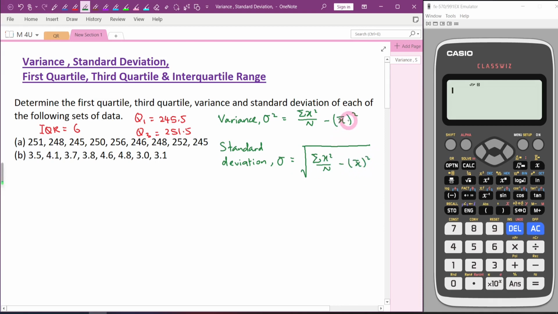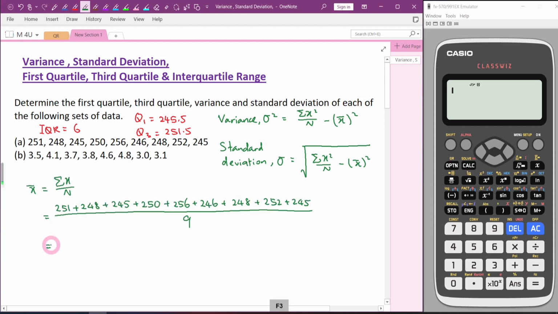Okay, so first let me find the mean of this set of data. To determine the variance and standard deviation, you don't have to rearrange the data, it's okay. To find the mean, I think it should be no problem, right? Find the sum of all these numbers and then divide it by the total number of data, which is equal to 9.